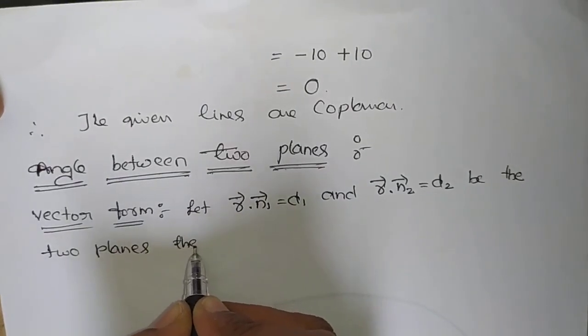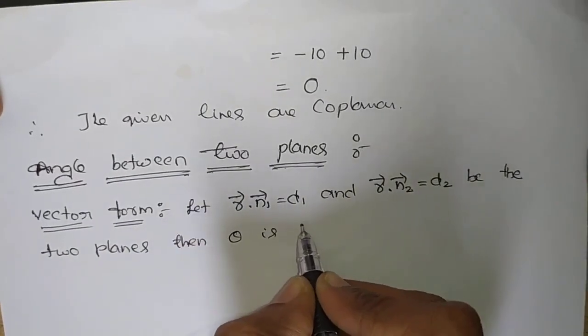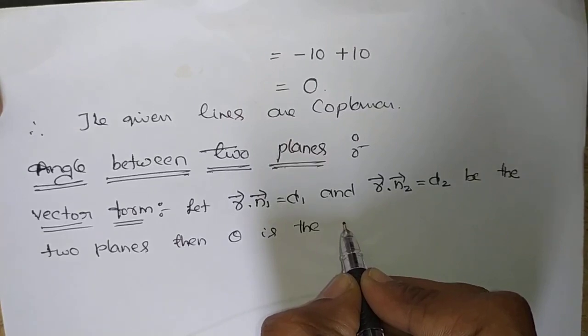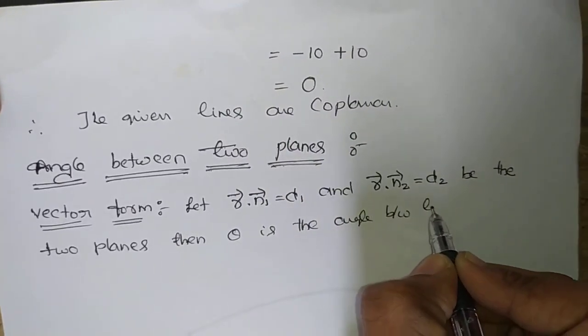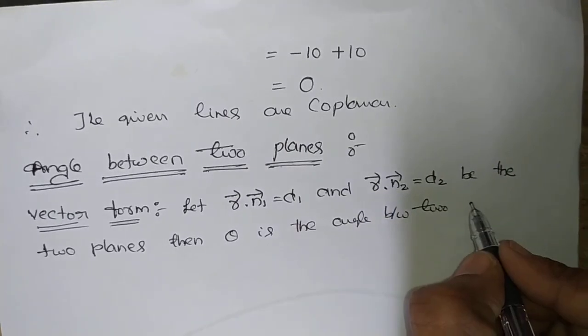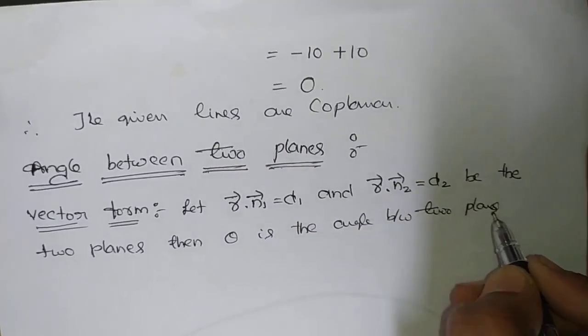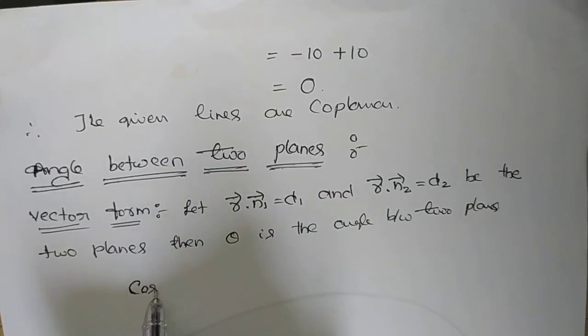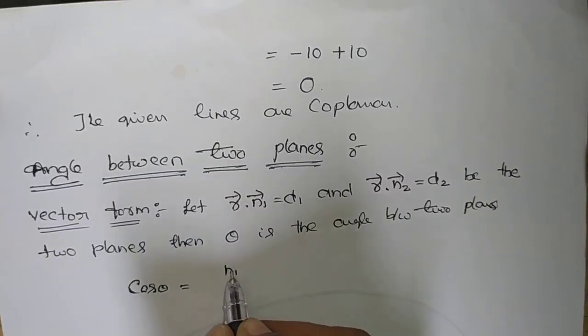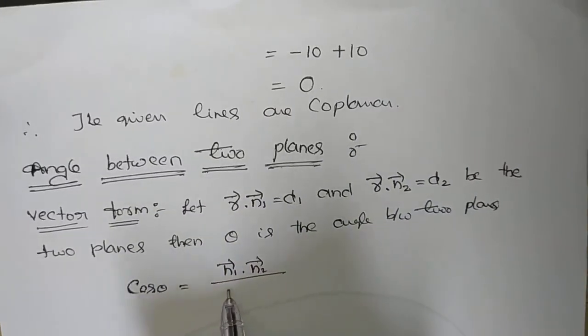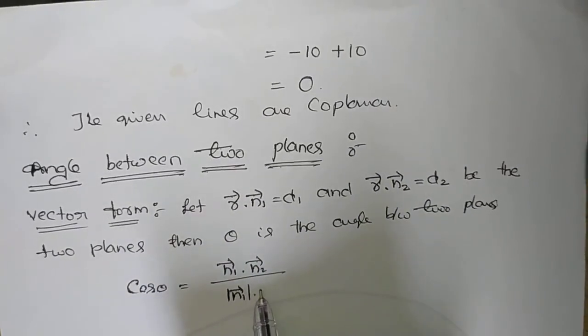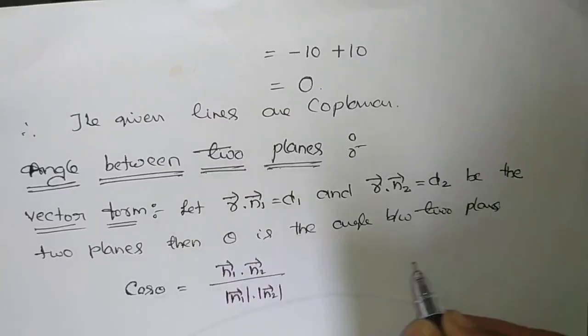Then if theta is the angle between the two planes, cos theta equals modulus of n1 vector dot n2 vector divided by magnitude of n1 vector times magnitude of n2 vector.